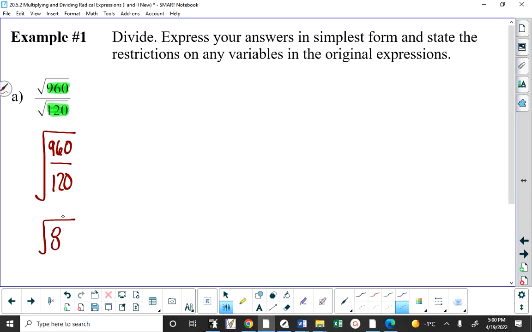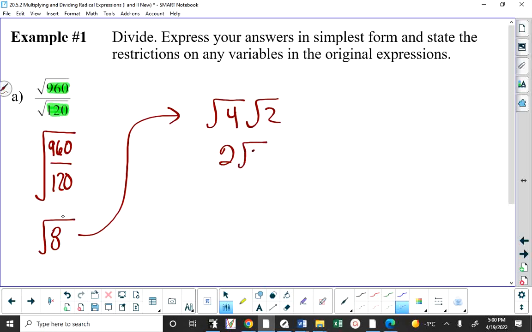But we've also learned that radicals are not simplified until any entire radicals are written in simplest form as mixed radicals. And in this case, root 8 can be written as root 4, root 2, and the square root of 4 is 2. So 2 root 2 is our answer.